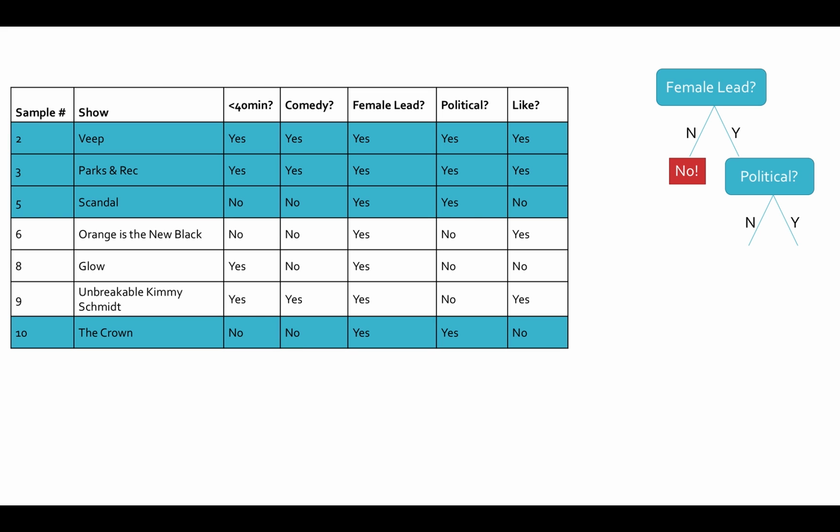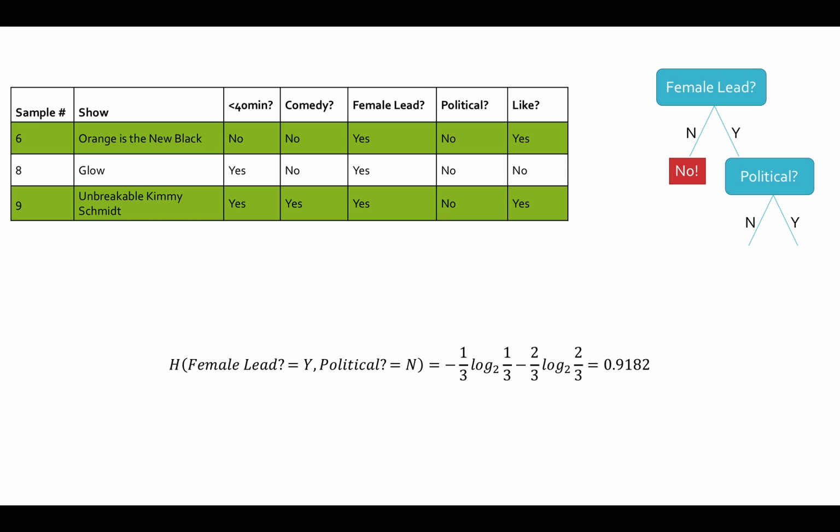Why do we not check female lead again? It doesn't make sense to do that. We can ask again about female lead, but we'll just continue down the right side because female lead already equals yes. Doesn't make sense to ask another question about it. So we ask about political instead. There's 4 samples with a yes value for political and 3 samples with a no value for political. On the no side, 2 we like and 1 we don't. This gives us an entropy of 0.91.